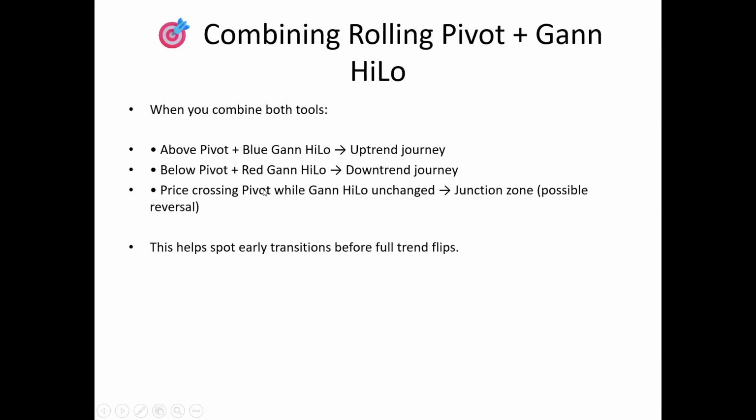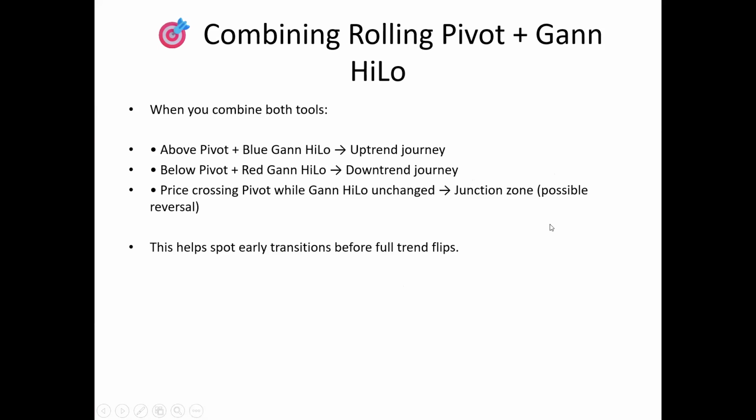Below pivot plus red Gann Hilo, you are going to have a downtrend journey. Price crossing pivot while Gann Hilo unchanged: Gann Hilo has not changed, but you might have seen price crossing above the pivot. It will start crossing above the pivot. Junction zone. It may be a possible reversal.